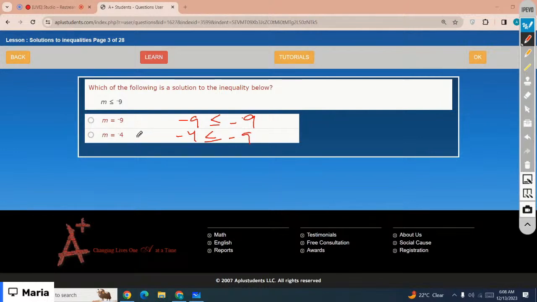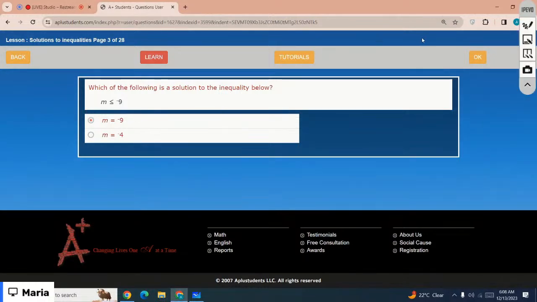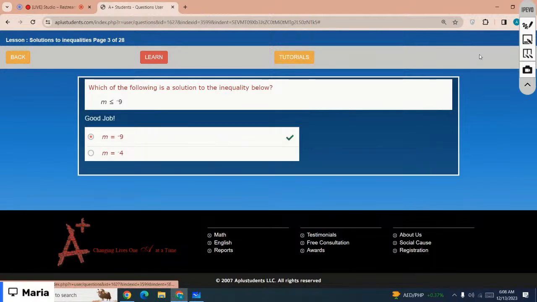Which is the correct option? They are not less, but they are equal. Negative 9 is less than equal to negative 9, but negative 4 is greater than negative 9. Option number 1 is the correct option, right? That is negative 9 is less than equal to negative 9.